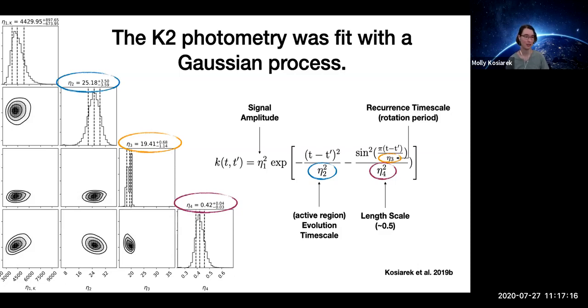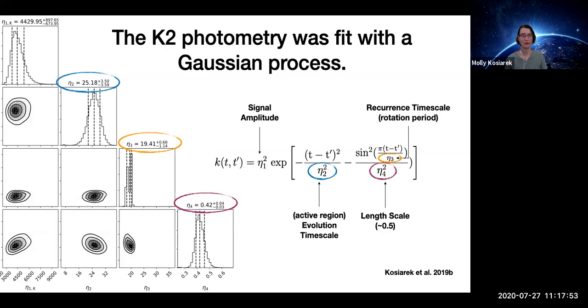And eta 4 is the length scale, and it's really close to 0.4, which is very close to 0.5, and 0.5 is sort of the expected value from theory, where some authors simulated light curves and looked at how a light curve with spots in multiple places, when looked at only in photometry, can often be derived back to a light curve with only 2 spots. So that produces that 0.5 value.